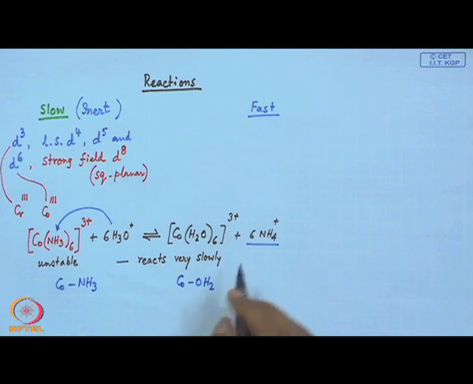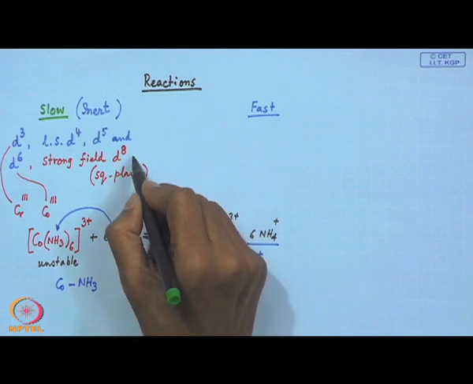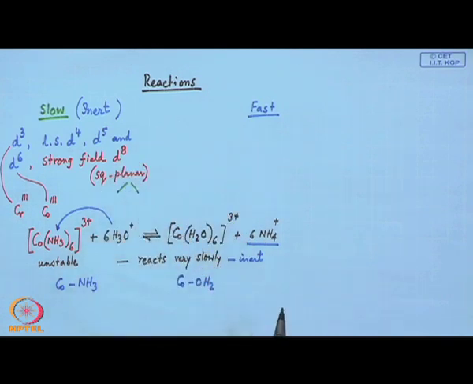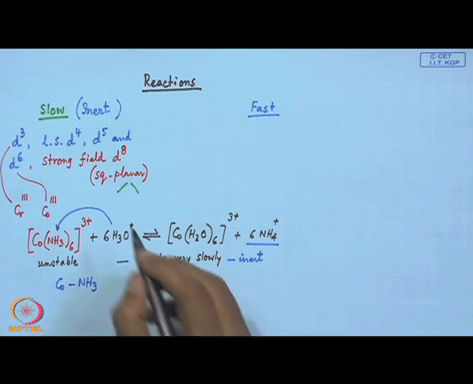So, these react very slowly, and therefore we can label this as an inert compound. So, this is for the strong field D8 electronic configurations.